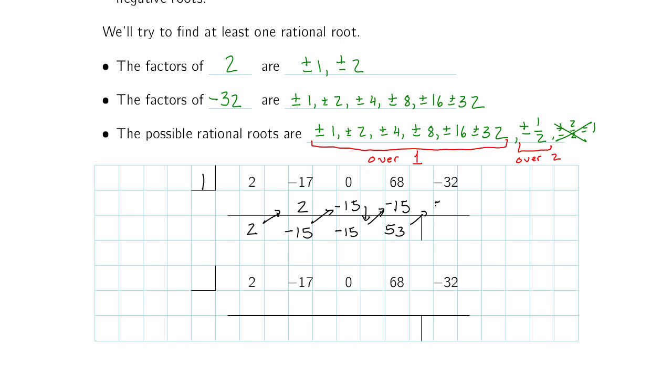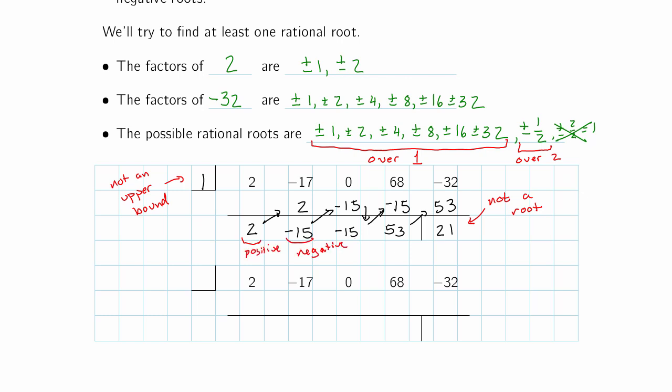Times 1 is 53. Plus negative 32 is going to be positive 21. Okay, so we have two things. We see that this is not a root, but also we do not have an upper bound because we've got some positive and some negative numbers.